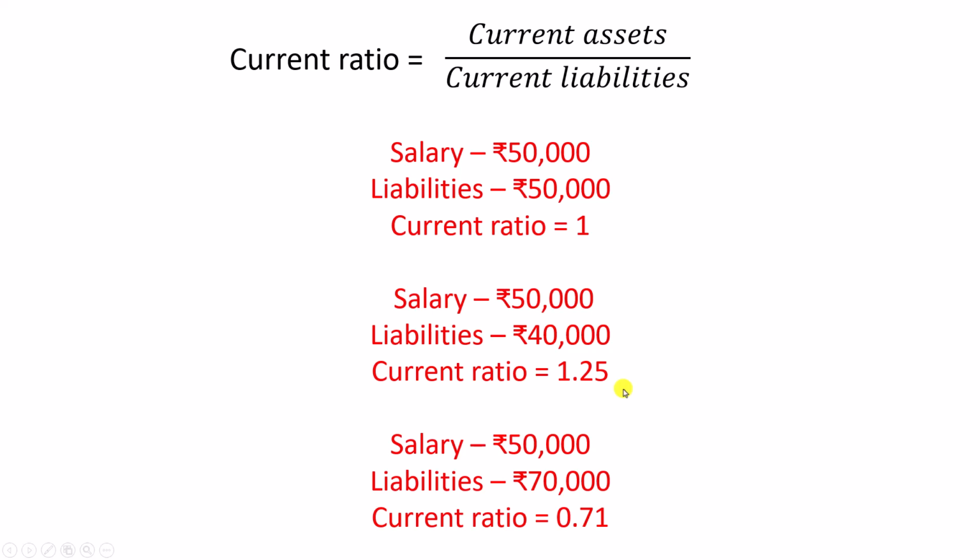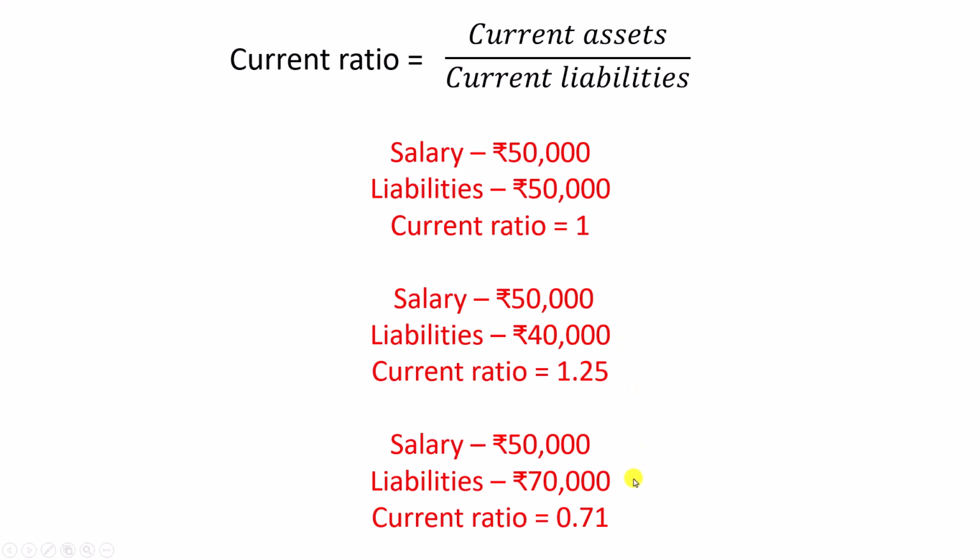Now, apply the same concept for companies. If the current ratio is greater than 1, then it is good. It means it has more assets than liabilities, meaning current assets than current liabilities, meaning it will not have to take loan from others.